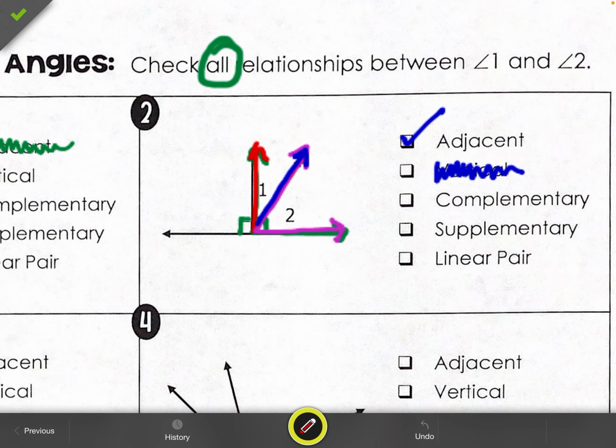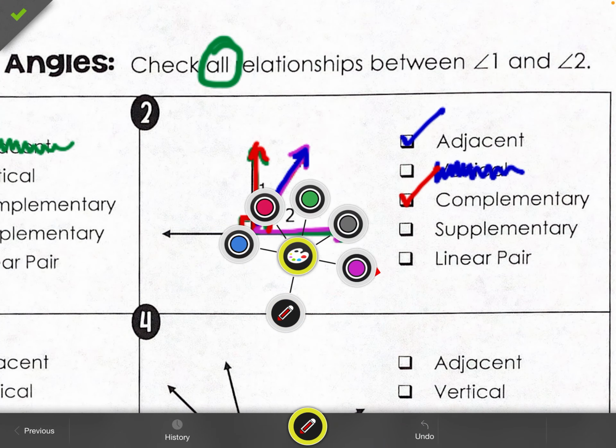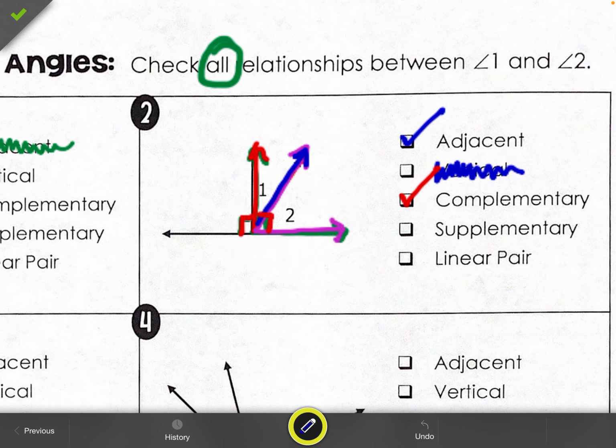And again, they assume something here, and sometimes that's not a good thing. If this is 90, then you know this is 90. So when I take angle 1 and put it together with angle 2, would that give me 90 degrees? That would be yes. And the reason is it would give me this corner right here. 1 and 2 together give me this corner.